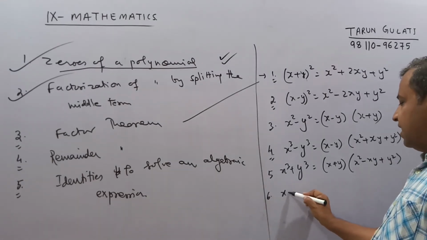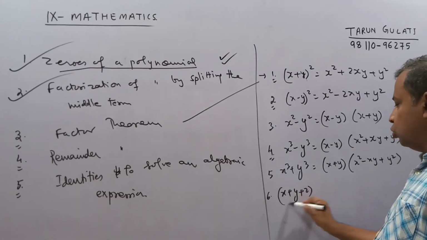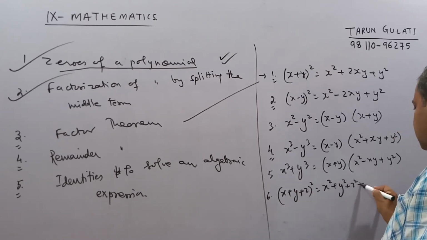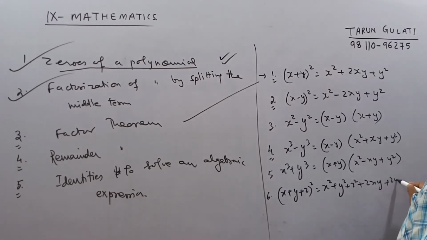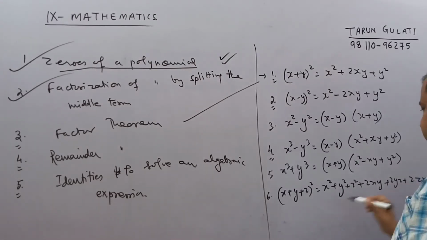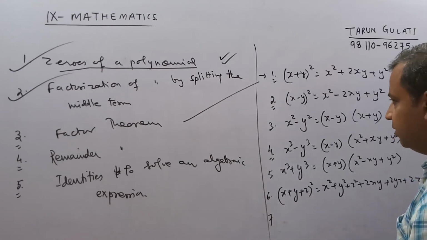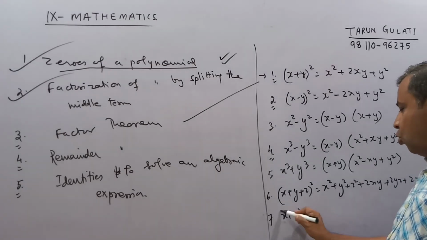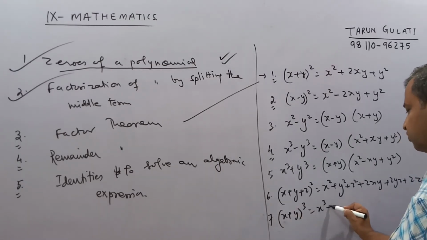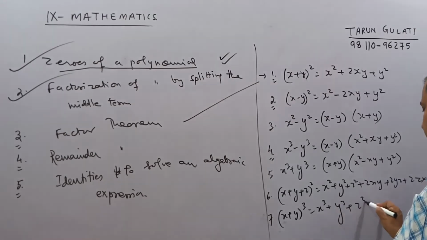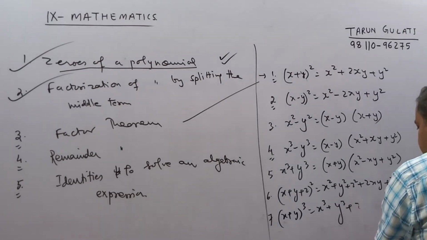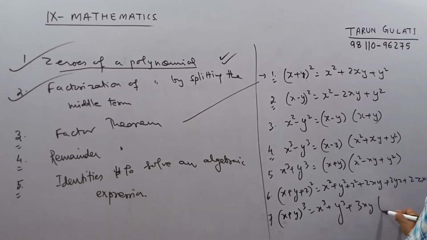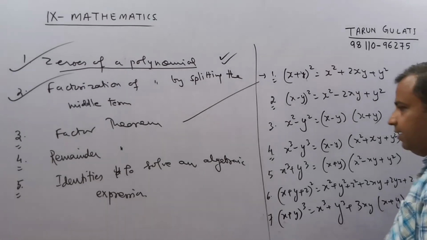Number 6, x plus y plus z whole square is x square plus y square plus z square plus 2xy plus 2yz plus 2zx. Number 7, x plus y whole cube is x cube plus y cube plus 3xy into x plus y.